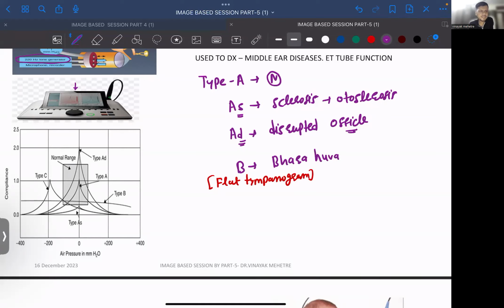That is, the middle ear is filled, right? With what? Water. Filled is seen in glue ear. In glue ear, water fills the middle ear, right?